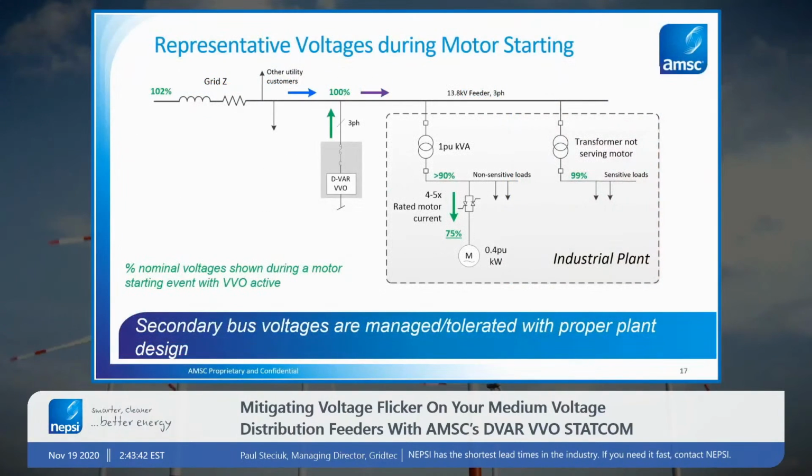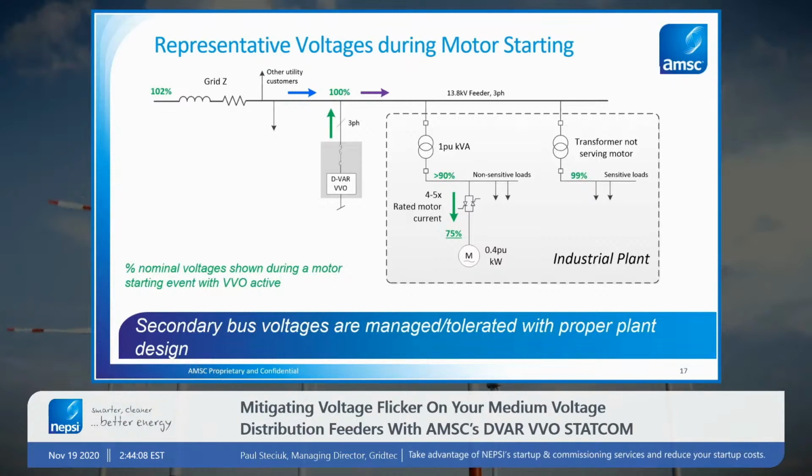So one of the considerations that comes up is the secondary voltage on a motor starting bus during startup. What we're showing here is a single line diagram of an industrial plant fed by a medium voltage feeder. These are very typical voltages that would occur with a STATCOM solution.